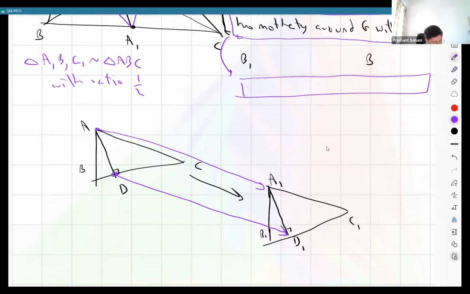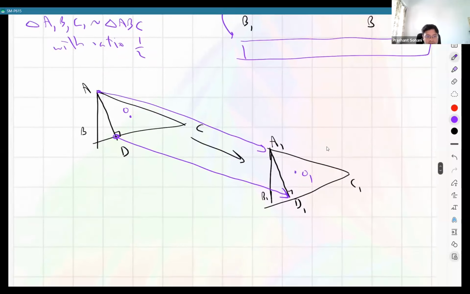And the same is true for every object in ABC. So if I take the circumcenter of ABC and I apply the same transformation, O is going to go to the circumcenter of my new triangle, and so on and so forth. So everything about the first triangle is nicely carried over to the second triangle. And this is true for all the transformations we have seen. It is true for translation, rotation, reflection, for homothety also.